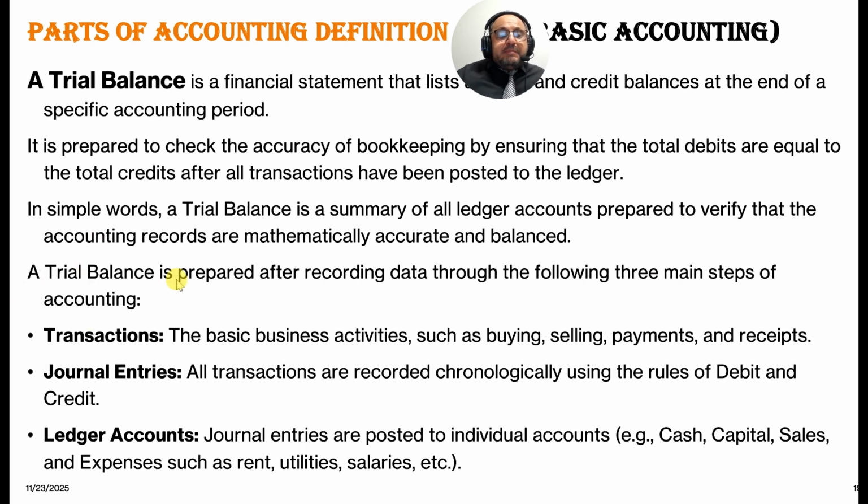Here, a trial balance is prepared after recording data through the following three main steps of accounting. So, check transactions, journal entries, ledger accounts. If you have made a mistake in any of these three, it means your trial balance is not correct and needs adjustment.